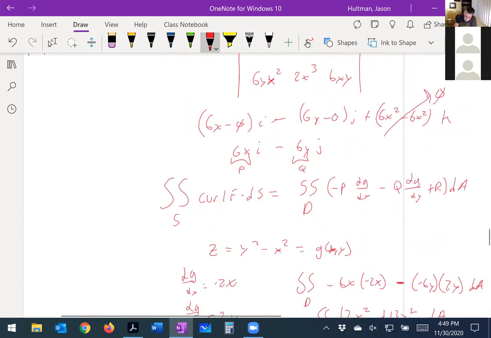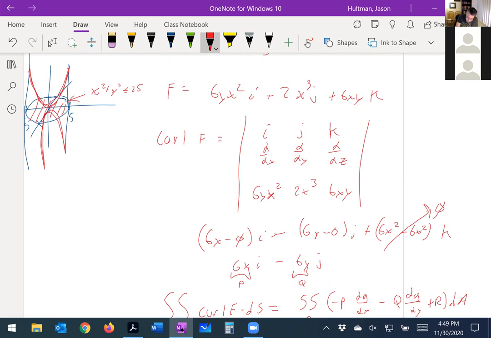This here is D, which is just a circle, the projection of those surfaces onto that disk.